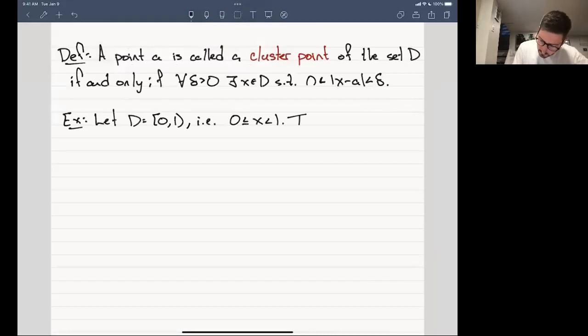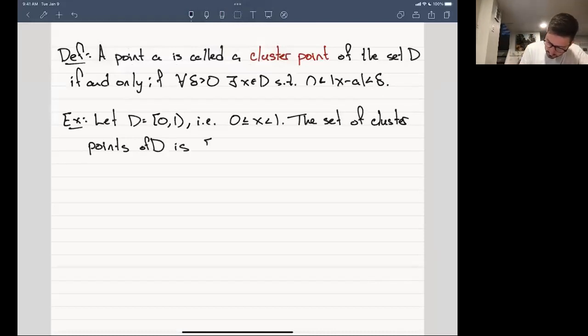So then the set of cluster points of D is the closed interval 0 to 1. Now, I'm going to leave this for you to sort of chew on and think about for a moment, but it's pretty easy to see that anything inside that interval is itself a cluster point. And that means, you know, if it's in the interval, you can sort of wiggle left or right, and you can always find points that are as close as you want to it.